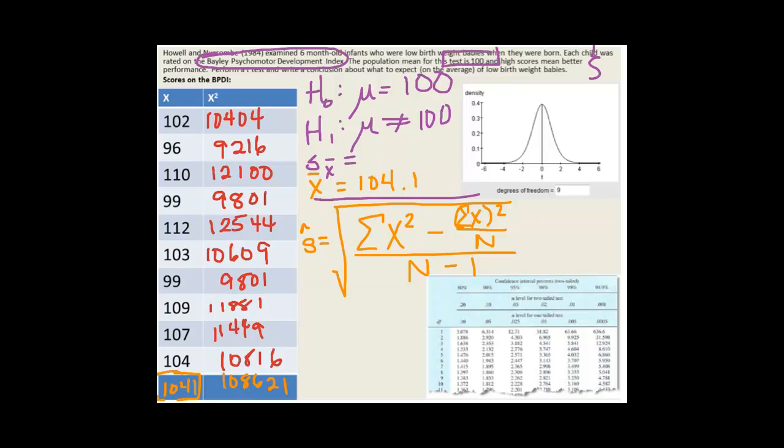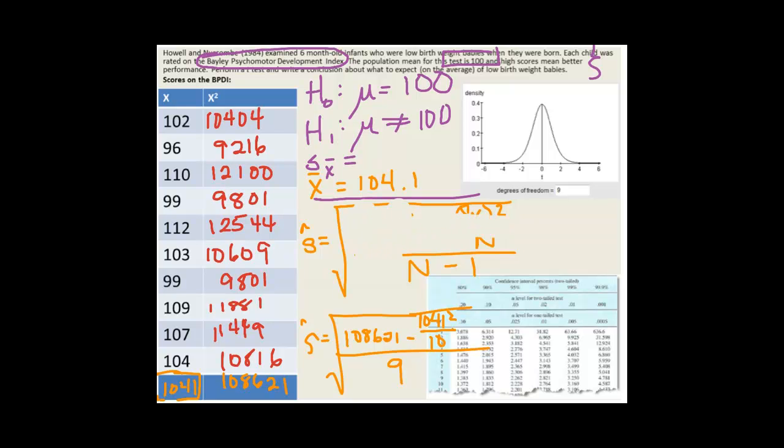So plugging in the values, S hat is equal to the square root of 108621 minus 1041 squared over 10, all over 9. Break that down, and you end up with 252.9 divided by 9, which gives us the square root of 28.1.